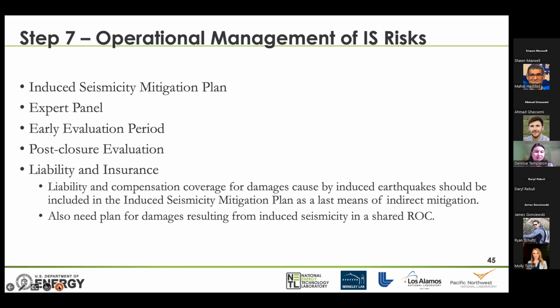So if we do get something that does cause damage, that we also need to take into consideration, although we should plan for that not to happen. We also need a plan for damages resulting from induced seismicity in a shared region of concern. So again, we don't talk about specifics here, but there needs to be a discussion about that ahead of time.